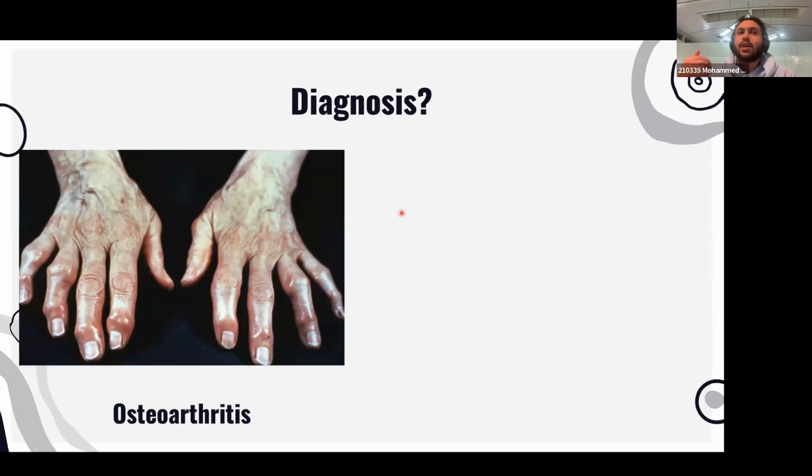Now, is this disease worse in the morning or in the nighttime? Nighttime. Good. Just a rule of thumb for you guys is autoimmune causes of arthritis will have morning stiffness.